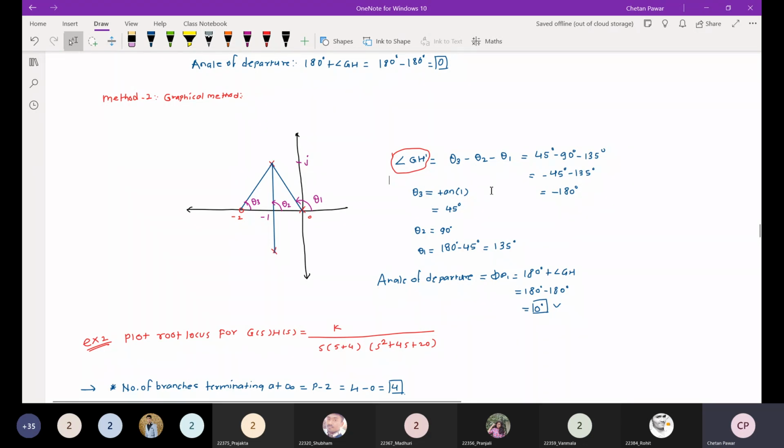You just use the angle condition: take the difference between the angle from the open loop zero to that point minus the angles from the open loop poles to that point. So theta 3 minus theta 2 minus theta 1, just using the angle condition. I have found theta 3, 2, and 1, and found that the angle of GH is -180 degree, so the angle of departure is 0 degree, 180 degree plus angle of GH. Like this way, you can find the angle of departure.